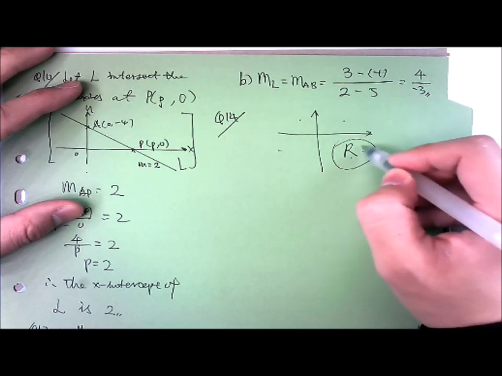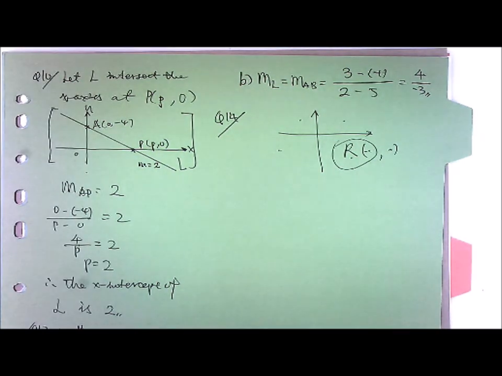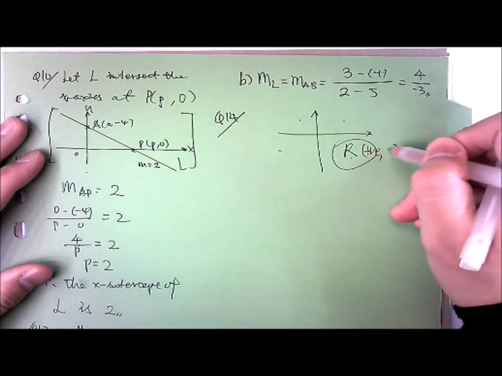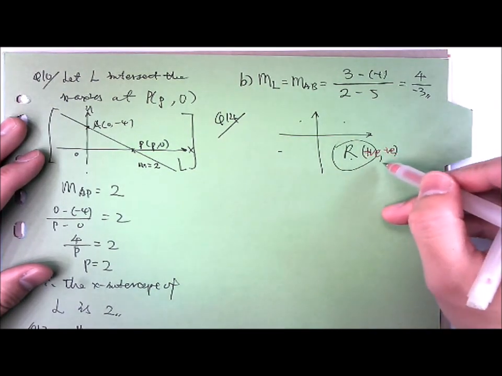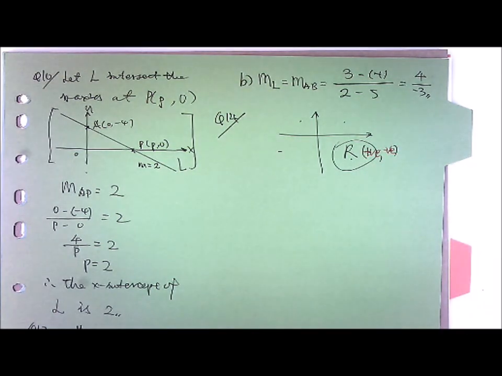So for R to be here, of these two numbers, you have to know which one is positive, which one is negative, understand? So just look at quadrant 4. Here, this number must be positive and this is negative, because the y coordinate is negative.